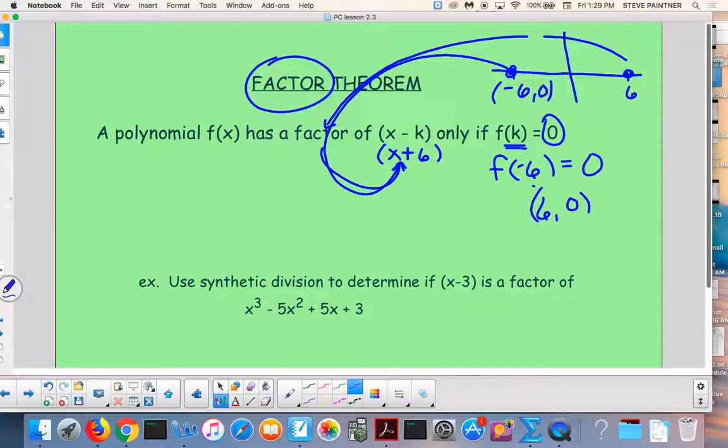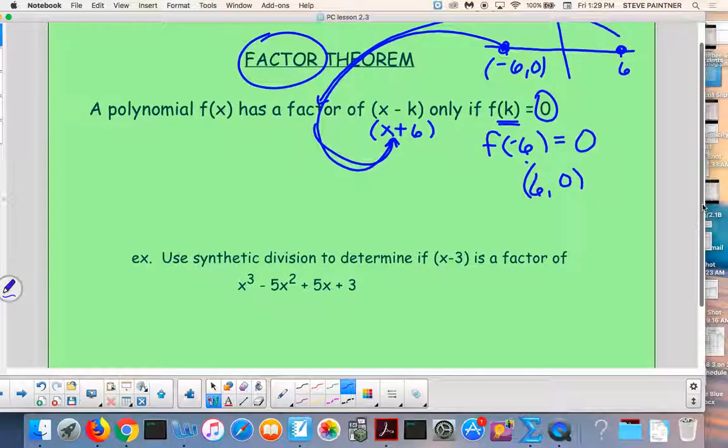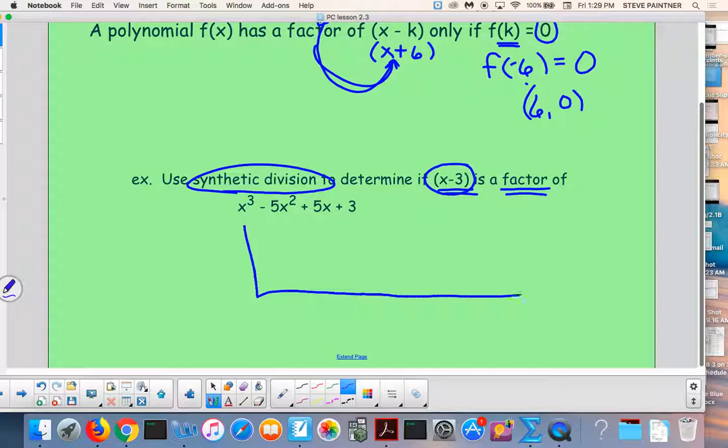Okay, next, look at this one. This one says to use synthetic division to determine, is this truly a factor? How do you know if it's a factor? Synthetic division, right?